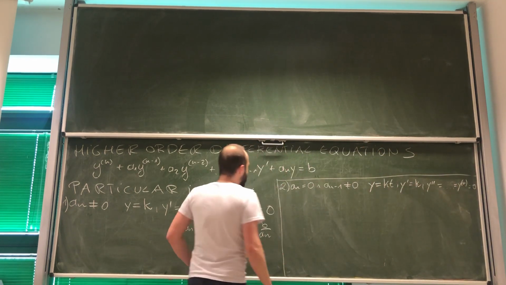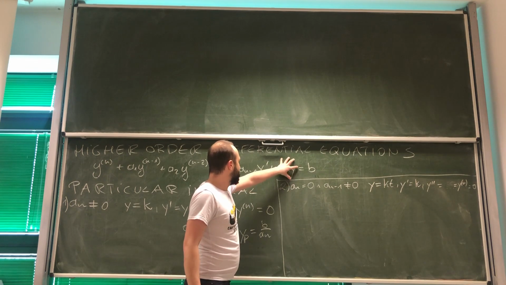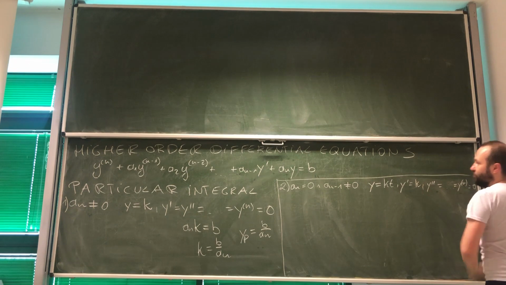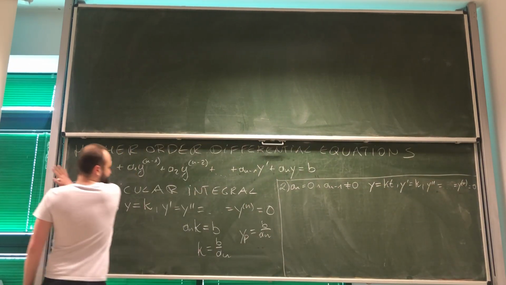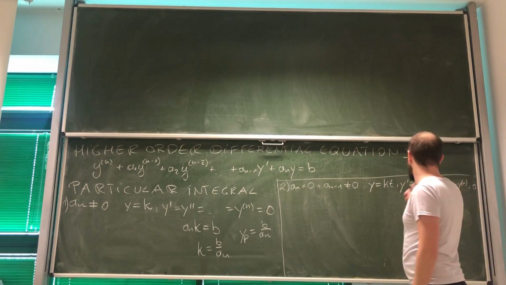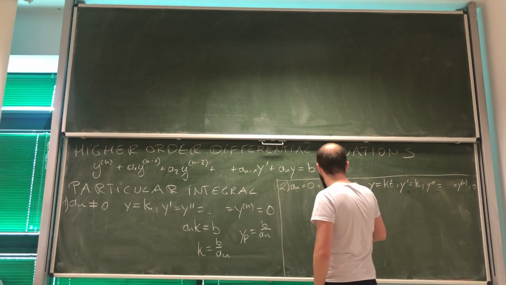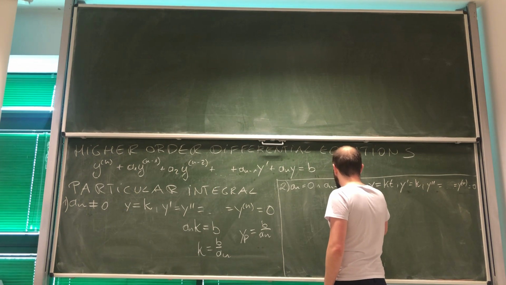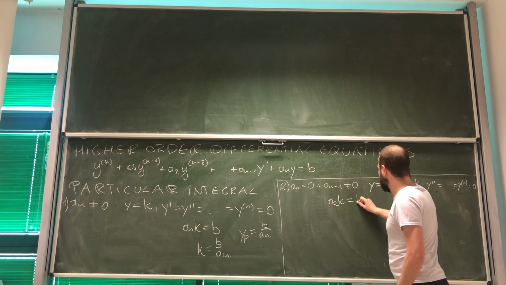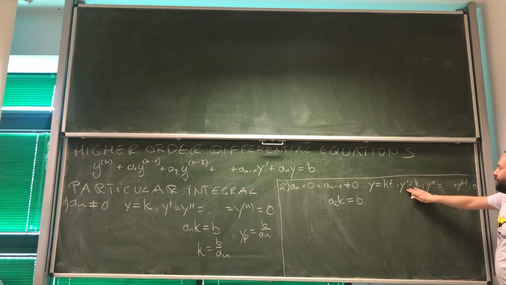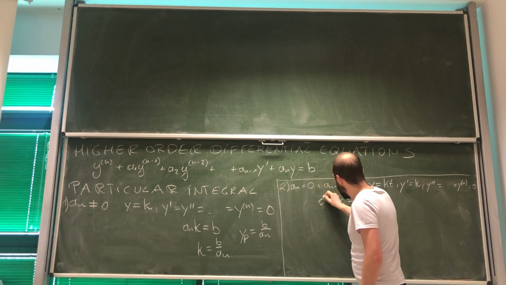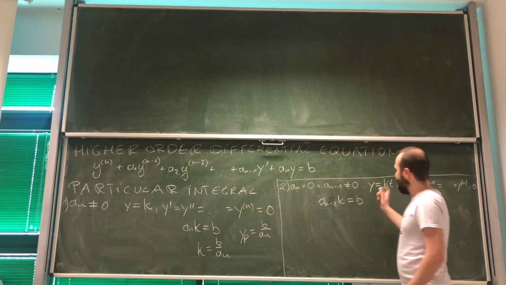Again, now with a_n equal to 0, this part is gone. With all those derivatives being equal to 0, this part is gone. So the only thing we've got is that y prime equals k. So we've got a_(n-1) times k equals b, because we substitute for y prime, sorry, not a_2, a_(n-1).